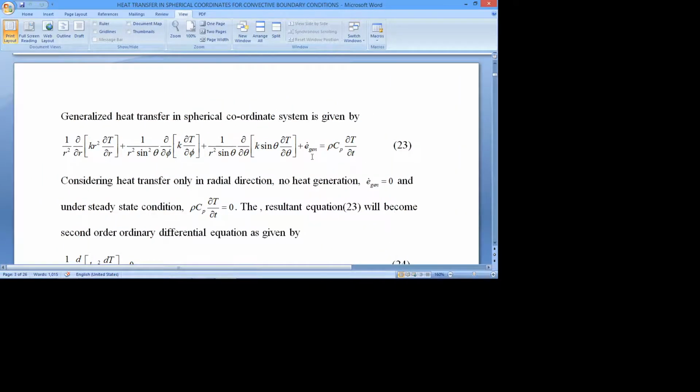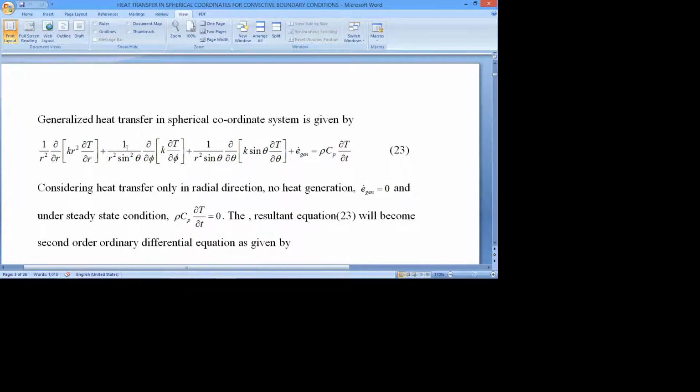So the generalized heat transfer equation in spherical coordinate system is given by this equation, where the first term is heat transfer in radial direction, the second term heat transfer in phi direction, the third term heat transfer in theta direction, and the fourth term is energy generation per unit volume per unit time within the material. The right hand side term is energy accumulation per unit volume per unit time within the material.